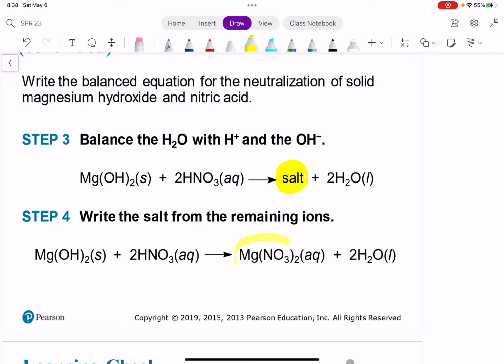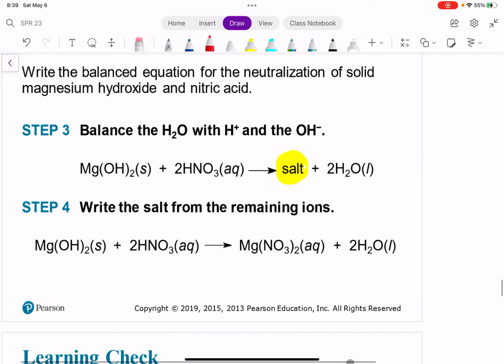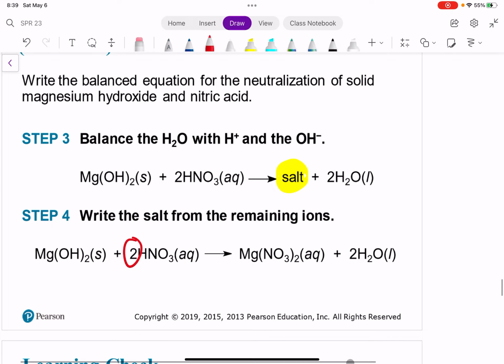In this case, our salt is our ionic compound that doesn't have OH- or H+ in it. In other words, everything that's left over besides water. So in this case, we have magnesium bonded to NO3, nitrate. So you write that salt from the remaining ions and you have your water. The last step is, of course, to balance it, so you make sure that you have your coefficients there.